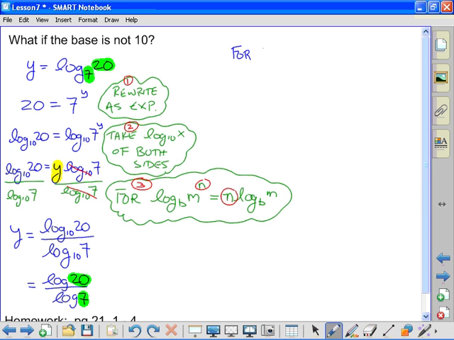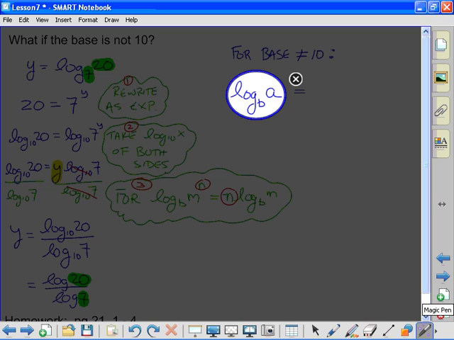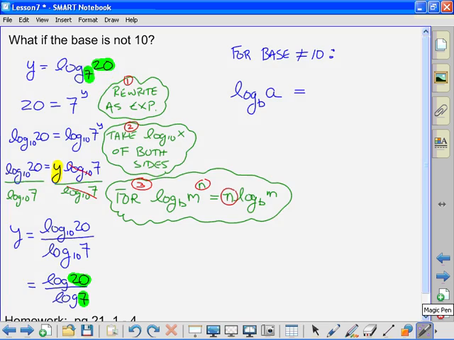So for base not equal to 10, the following is true. Log base b of a. What I'm doing is making a connection here. I'm saying that this is the same as this right here. How can we rewrite it?